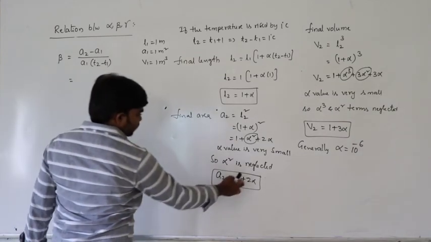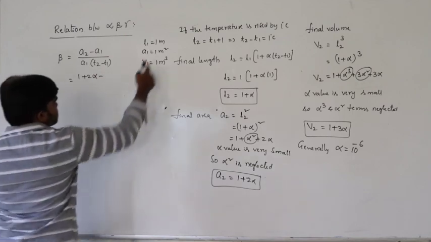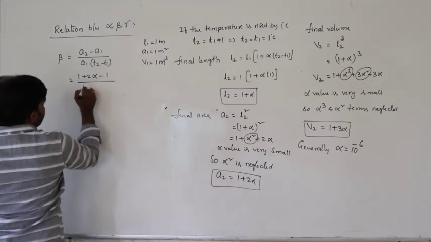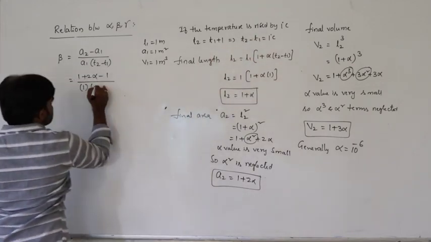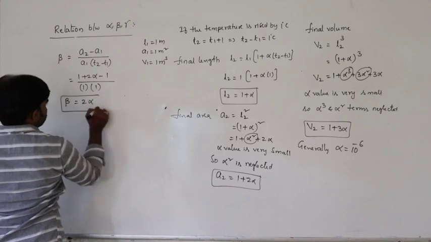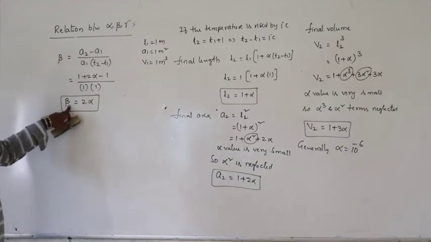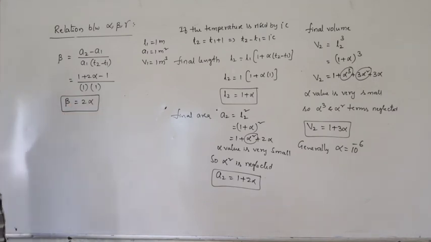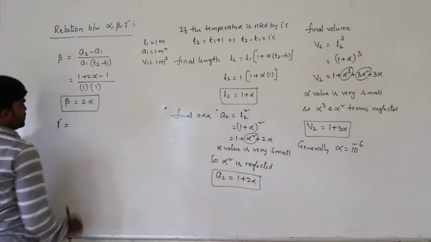So what is the value of A2 here? 1 plus 2 alpha minus A1, which is 1, divided by A1, again 1, and T2 minus T1 is also 1 degree Celsius. Therefore, beta is equal to 2 alpha. So the relation between the coefficient of areal expansion and the coefficient of linear expansion is beta equals 2 alpha.